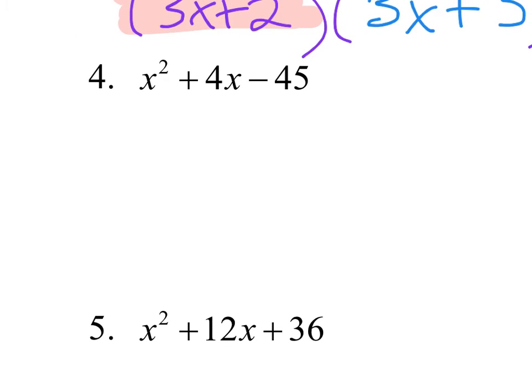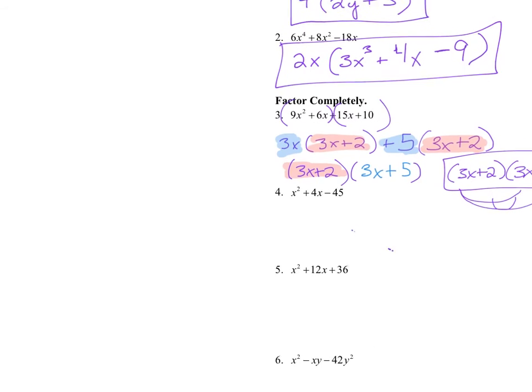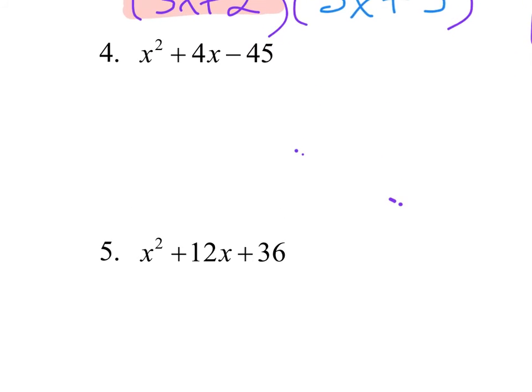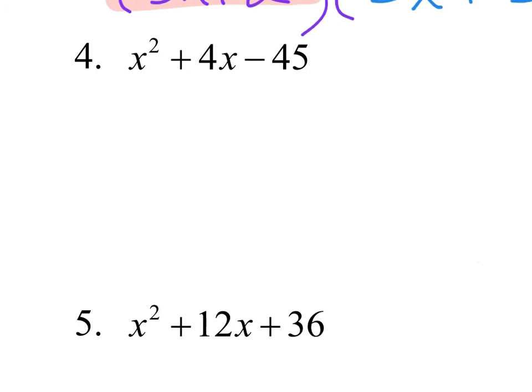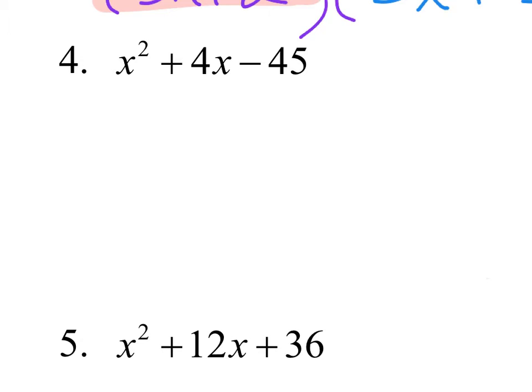All right, so now we're going to do number 4. I accidentally touched it and got some extra little dots there. All righty. x and x, because I can't factor anything monomial out.